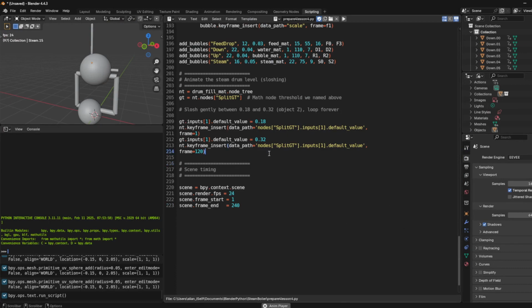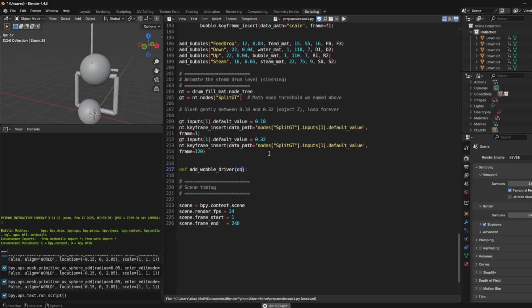Obviously we have to start our code before the scene timing. Let's add our def add_wobble_driver. Our wobble driver is basically where we insert lots of parameters and it just spits out a result.